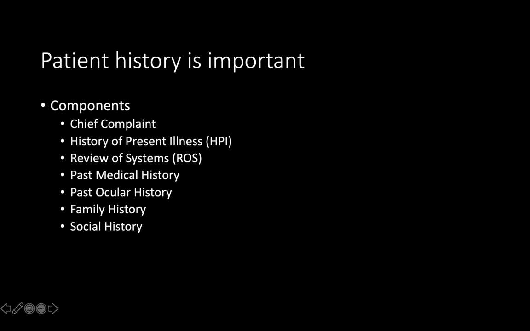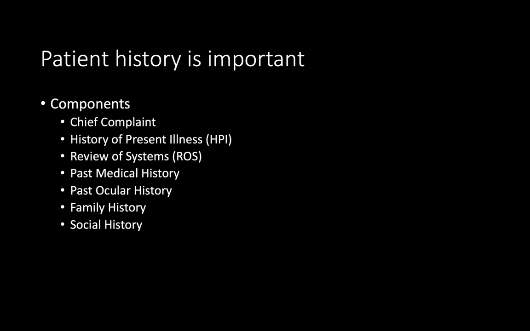Past medical history is a snapshot of all things in their medical history that might be contributory or otherwise in the patient's presentation. Past ocular history is just the same, except for the eyes. And then family history and social history add some context, whether or not this is something that could be genetically passed or obtained through social interactions.